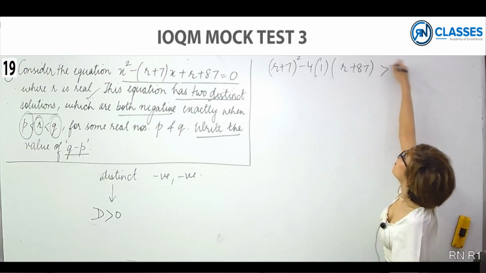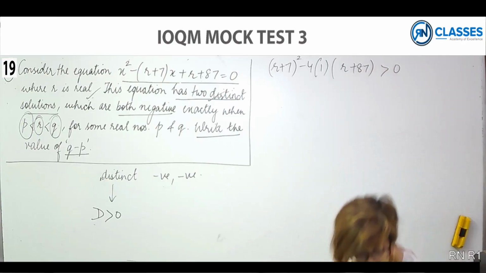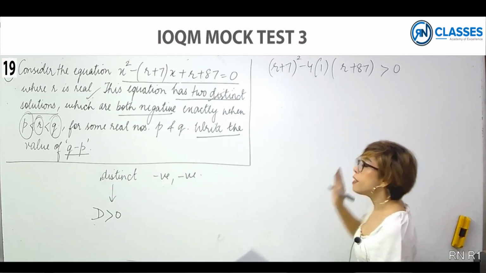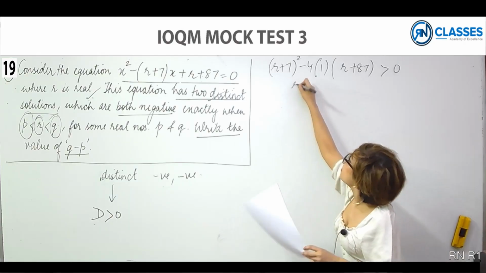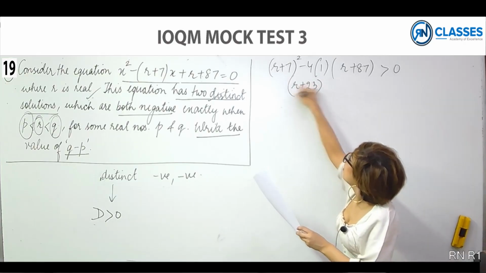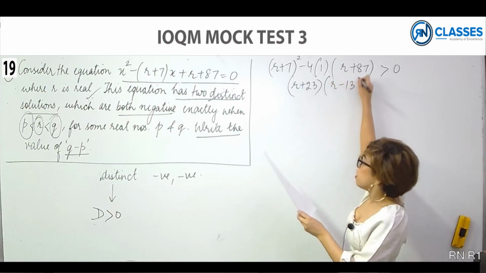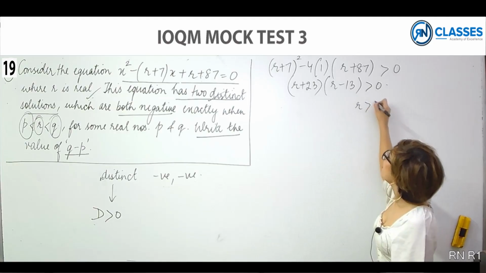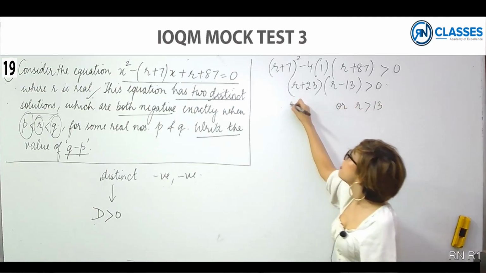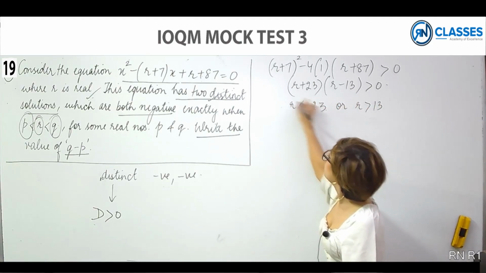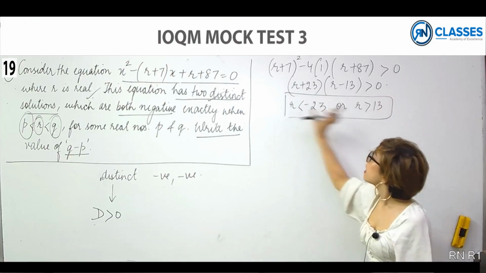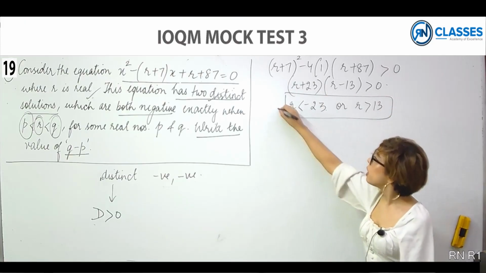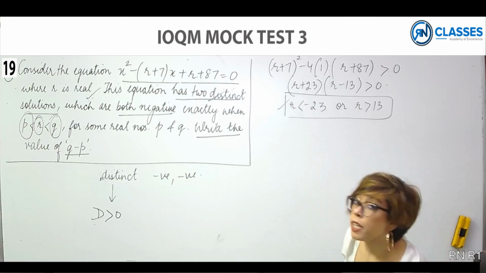He says this is greater than 0. This will actually turn out to be a quadratic which you can factorize. It turns out to be (r plus 23) into (r minus 13) greater than 0. That means r is either greater than 13 or r is less than minus 23. Either this is the case or this is the case. First condition done.